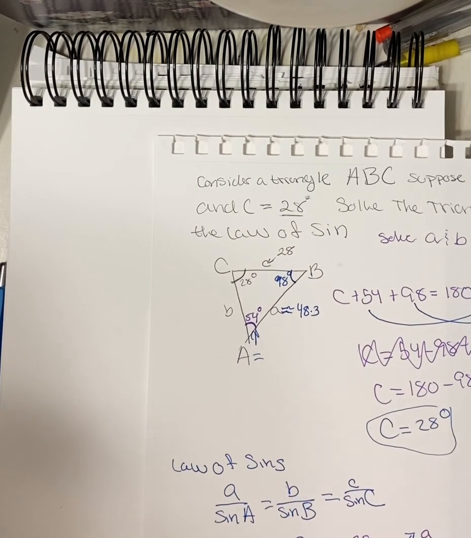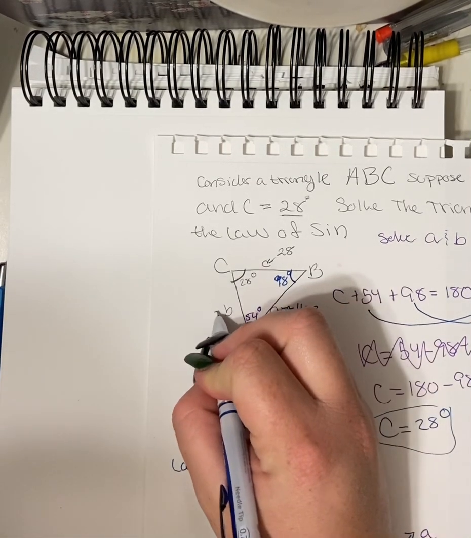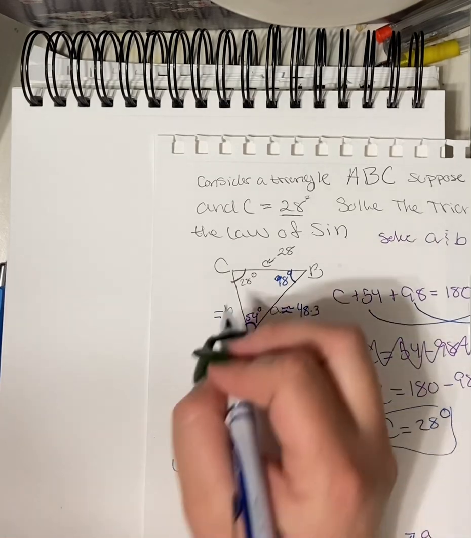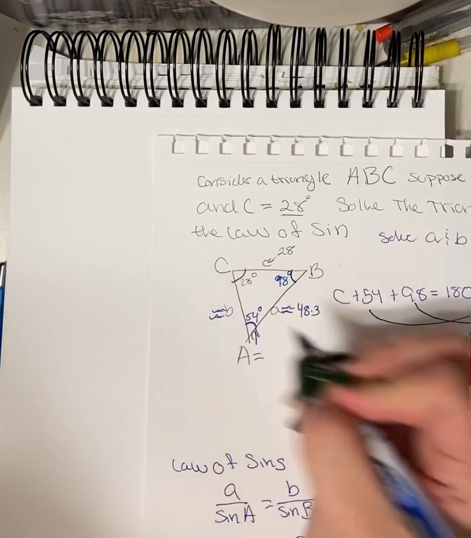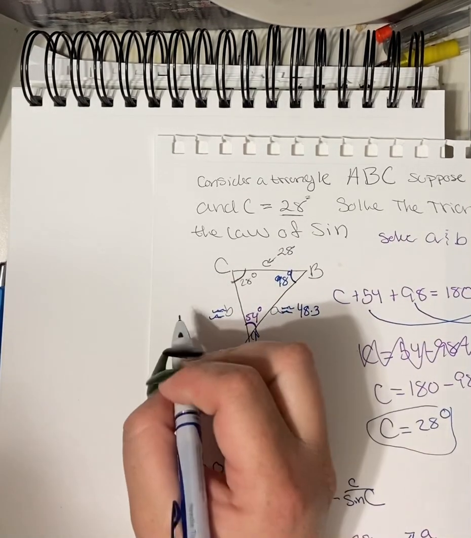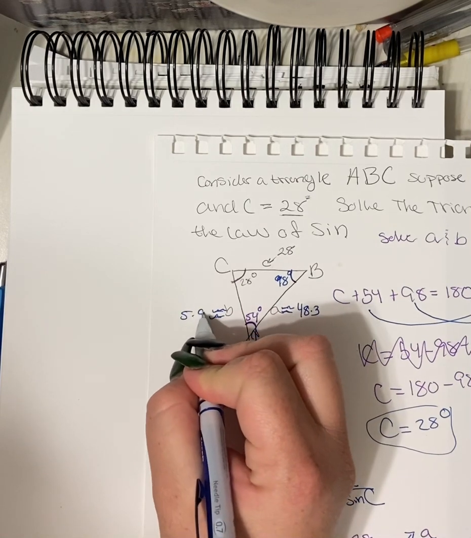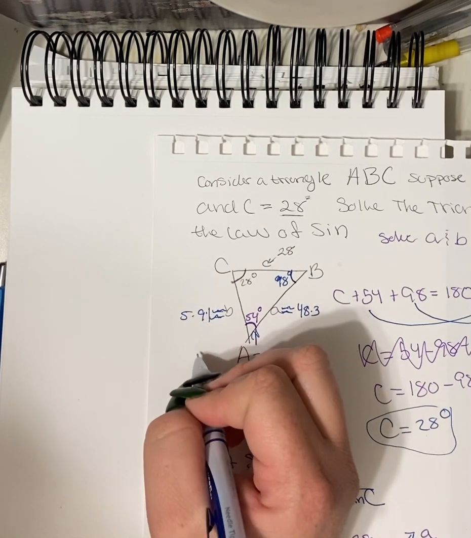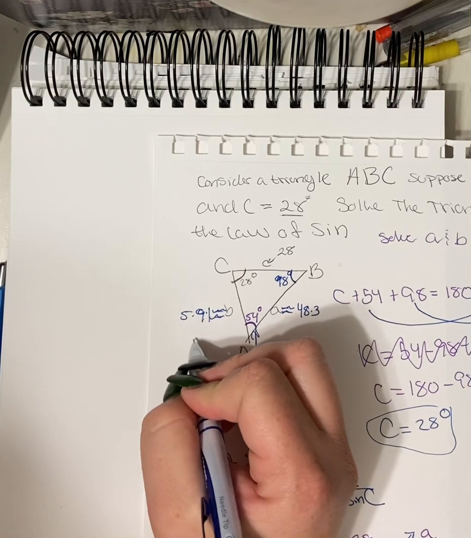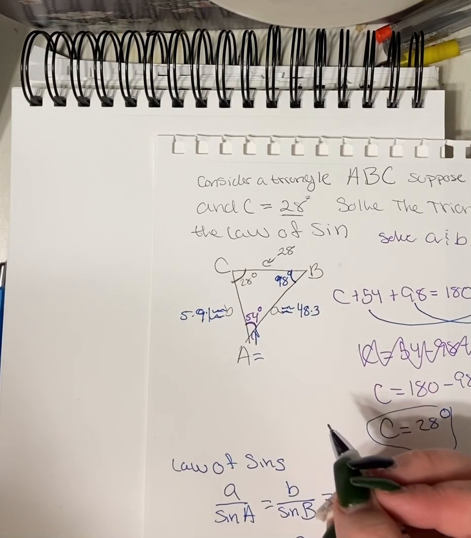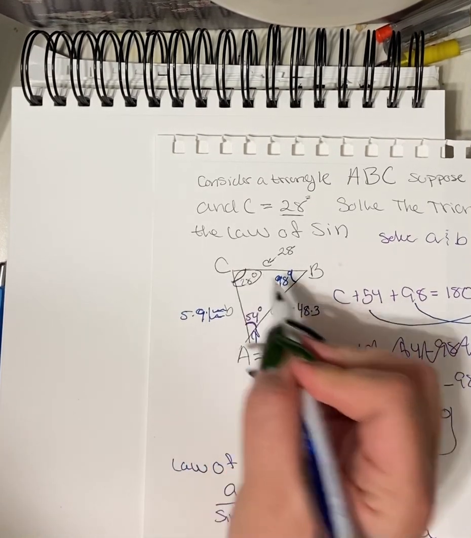Okay, and then you have B. That one's approximately equal to 59.1. And then you had C that was equal to 28.